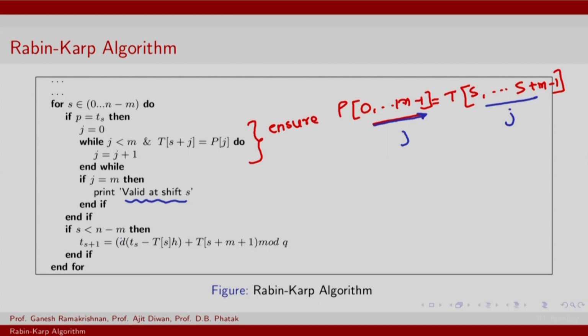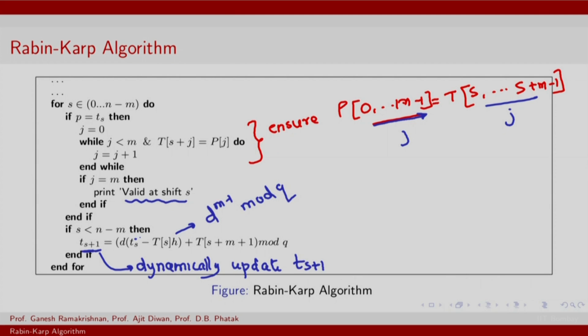You keep doing this, and for s less than n minus m, that is for s that ends well before m characters of t, we are going to dynamically update ts plus 1, and we do that using the properties in modular arithmetic that we already discussed. So recall that this h was the general d raised to m minus 1 mod q.